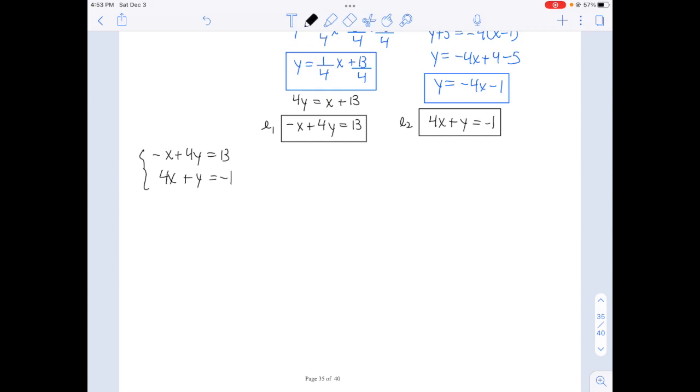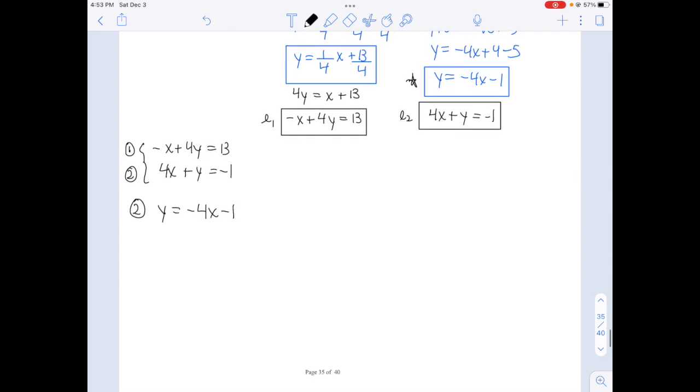Let's use substitution just to practice it. So what I'm going to do is isolate y in equation 2. y becomes -4x minus 1. Actually, that's what we had up here, so I know it's right. Then I'm going to substitute this into 1: -x plus 4(-4x minus 1) equals 13.